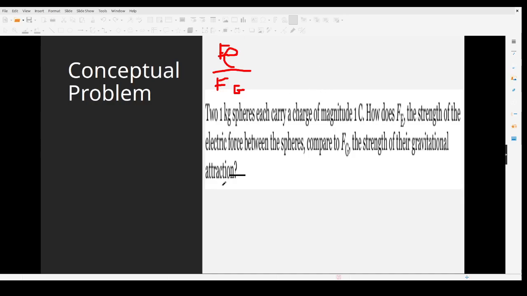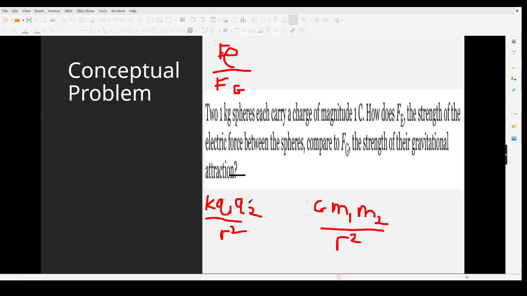Fe is still K Q1 Q2 over R squared, and Fg is still G M1 M2 over R squared.